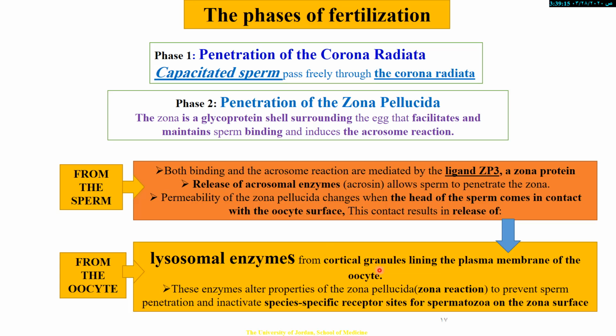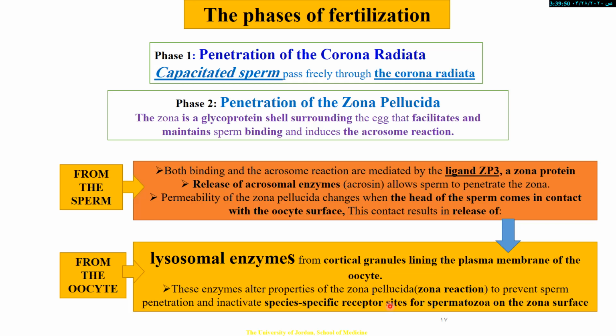As they get in contact with the head of the sperm, these enzymes are released and they alter properties of the zona pellucida. They go to the zona pellucida and tell it to do the zona reaction, to prevent sperm penetration and inactivate species-specific receptor sites for spermatozoa on the zona surface.